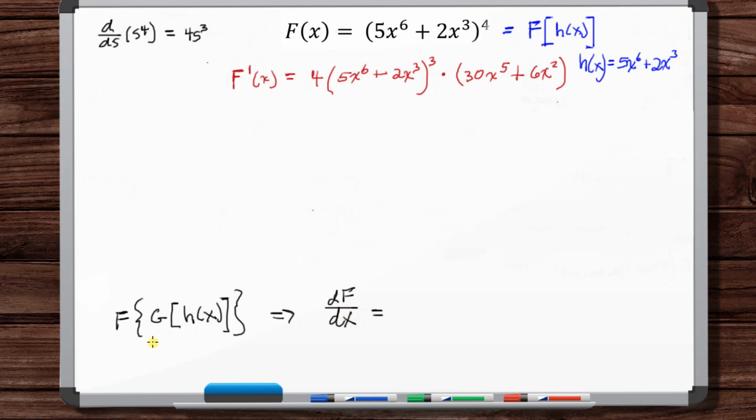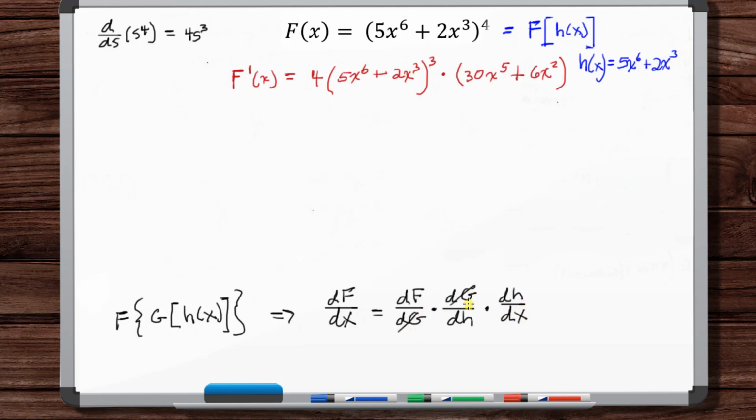But so the derivative of f with respect to x, which is kind of what we're trying to find here, is just df dg times dg dh times dh dx.